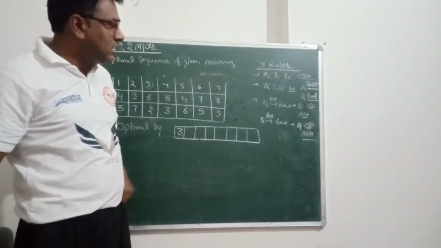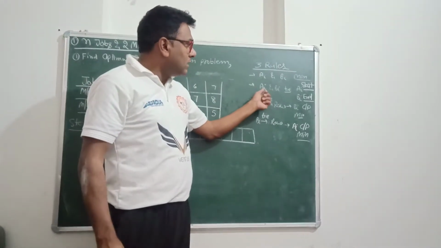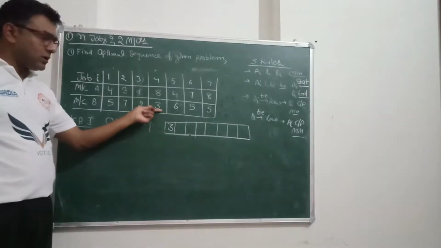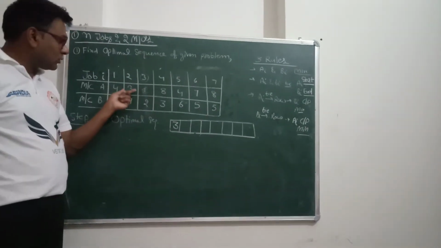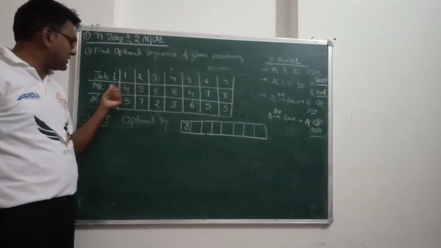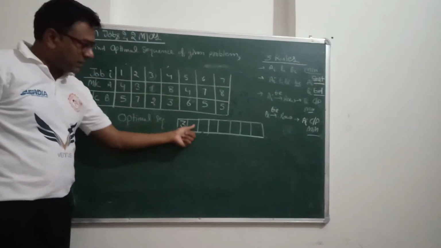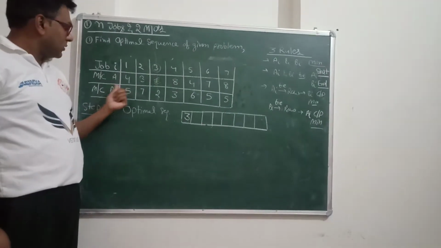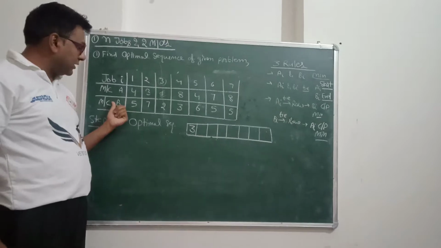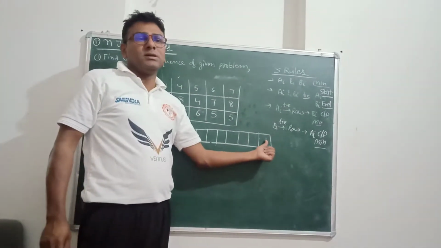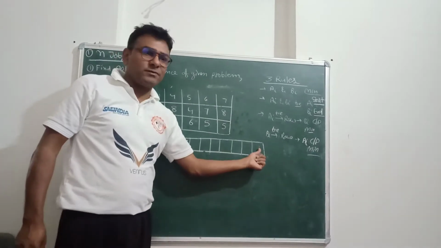This means that if the minimum value lies in both the rows, then first of all we will put the job against A in the starting cell, and the minimum values corresponding to machine B will be put in the last cell of the optimal sequence row.